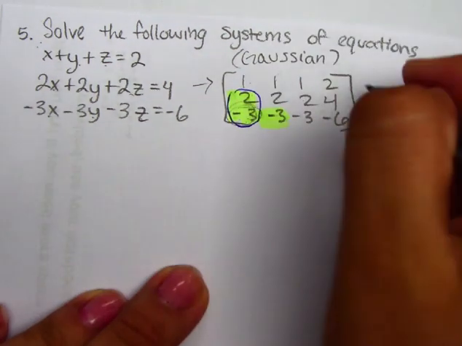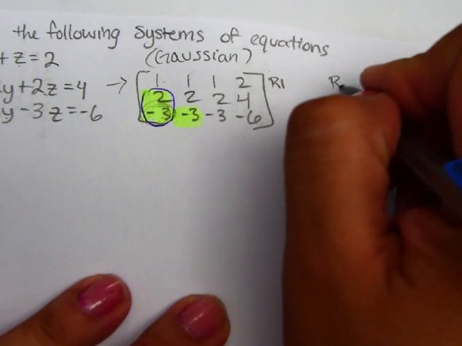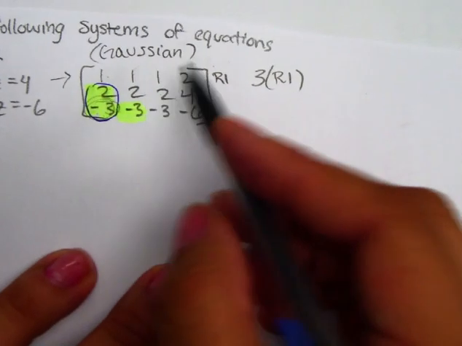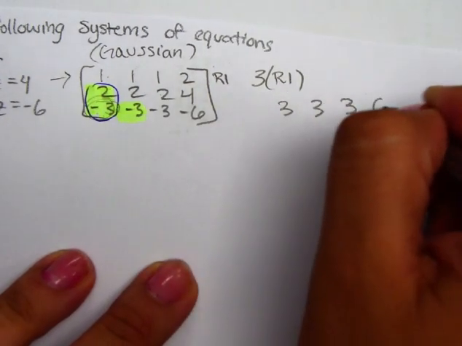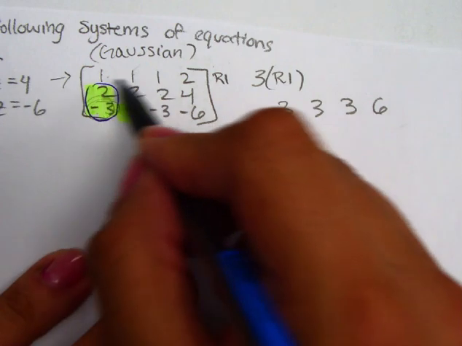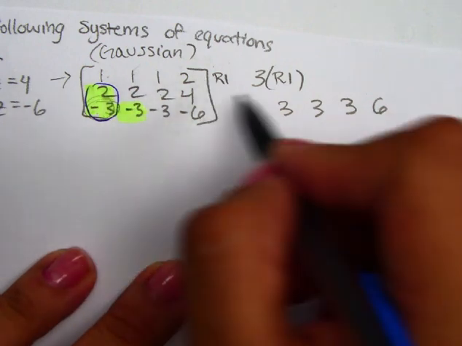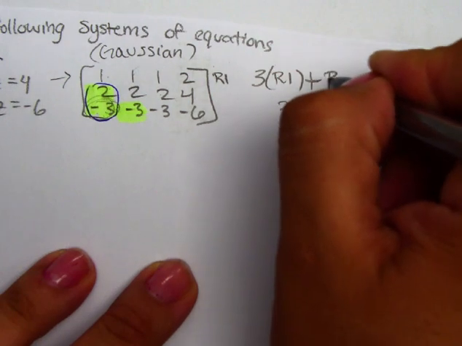So I'm just going to use row 1 and multiply row 1 times 3. And then what I'm going to have is 3, 3, 3, 6. And after I convert that row 1 to these numbers, I'm going to now add row 3.